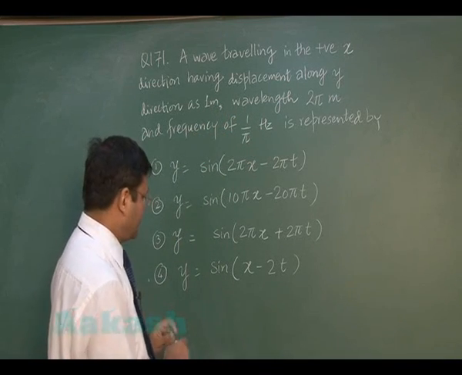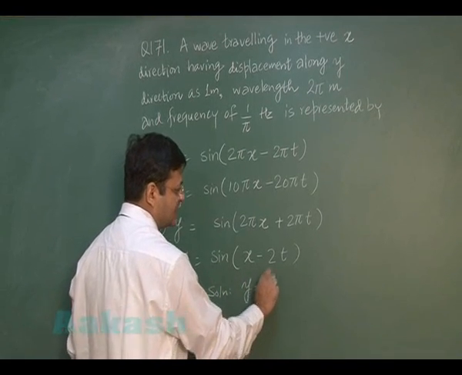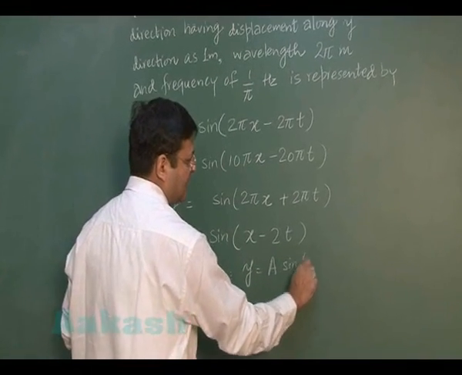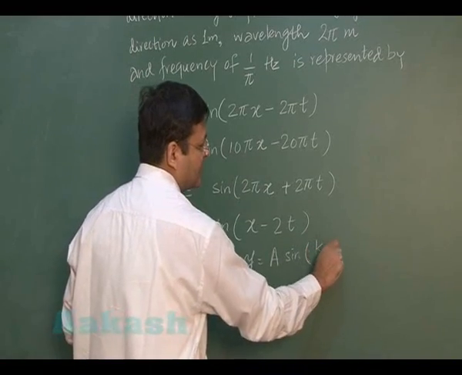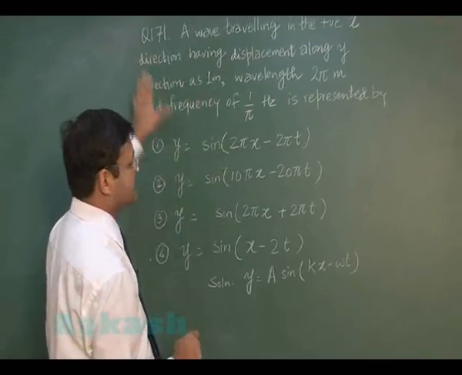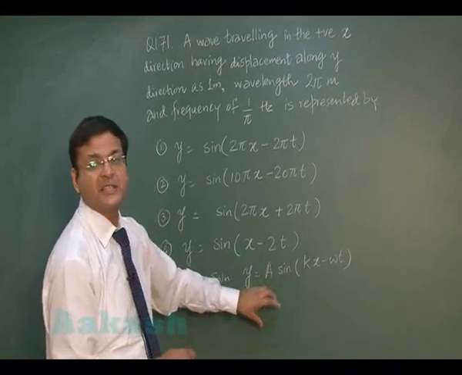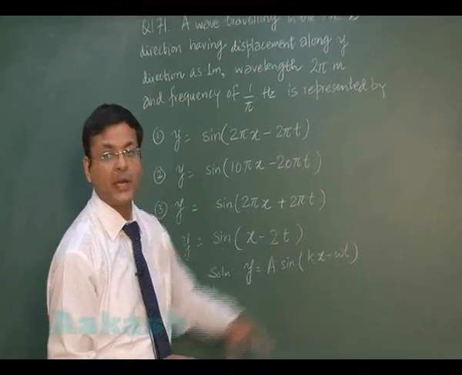If you look at the general format of the equation, it is y is equal to a sine kx minus omega t, you can say. It has been mentioned that the wave is moving in positive x direction, that's why I have used minus sign here. Now all you have to do, you have to make substitution for a, k and omega.